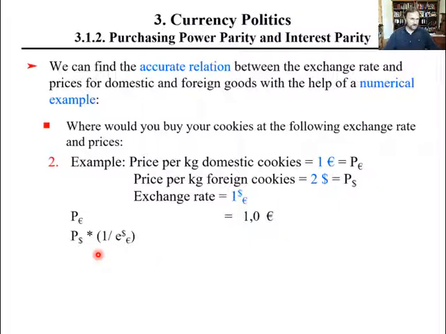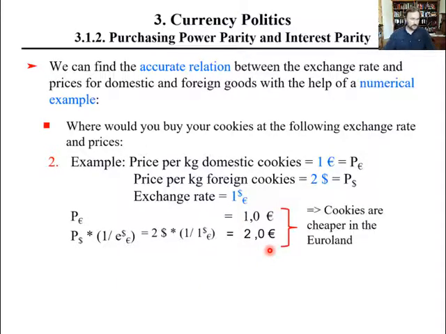So we have again to divide the American price over the exchange rate. Given the new exchange rate, this results in a euro price for American cookies equal to €2 for 1 kilogram American cookies. So now clearly the European cookies are cheaper.